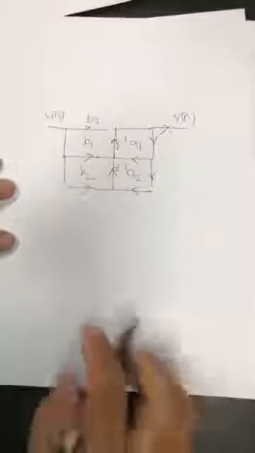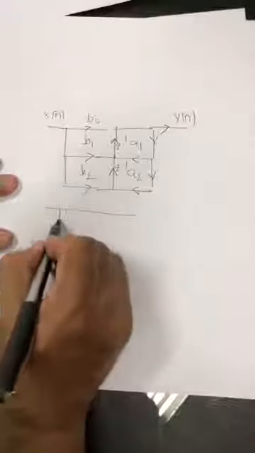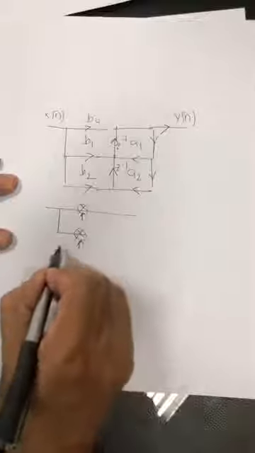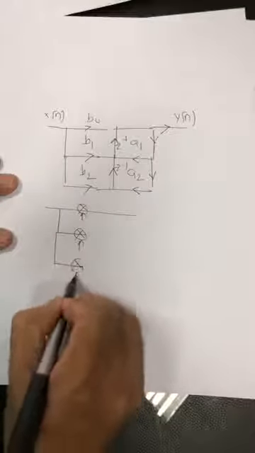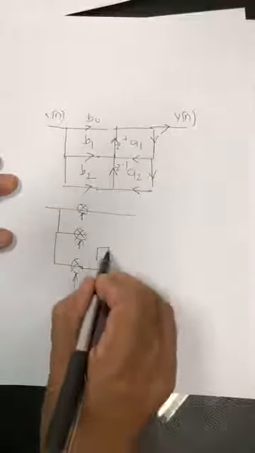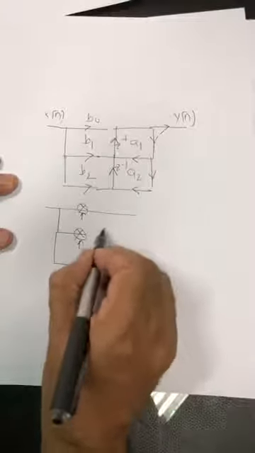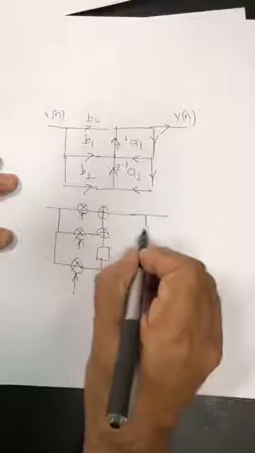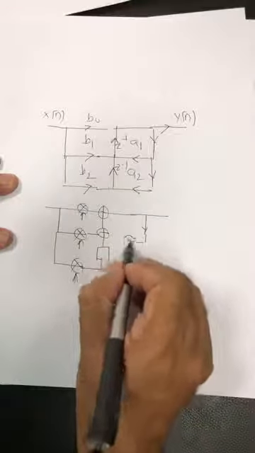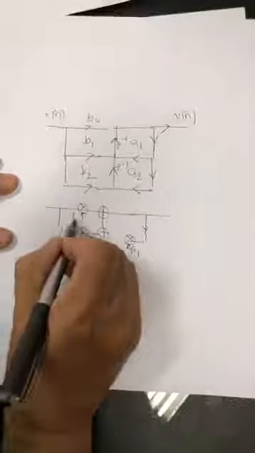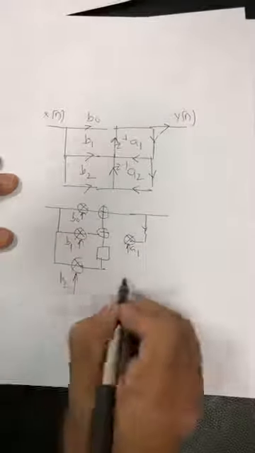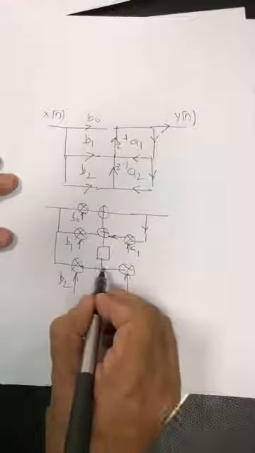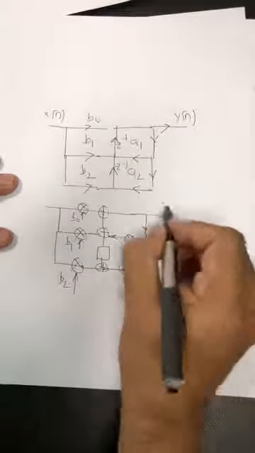Okay, and if I put it into the form which we are used to see, a multiplier, a multiplier, a multiplier, a register, an adder, a multiplier, a multiplier, an adder, an adder.